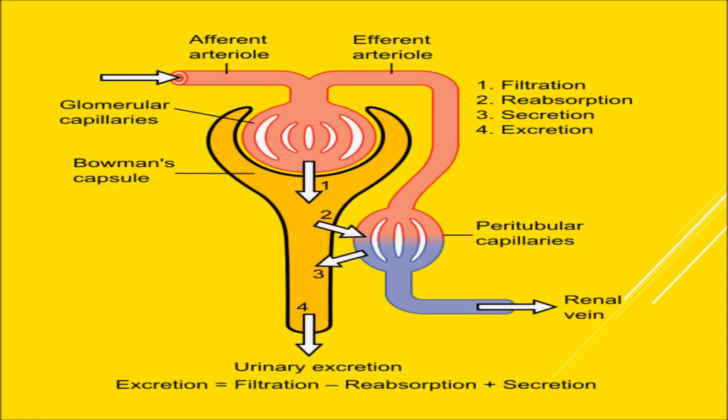So the renal tubule comprises a proximal convoluted tubule, a loop of Henle, a distal convoluted tubule, and a terminal duct. Now, the inner lining of the renal tubule is made up of columnar, cuboidal, and ciliated epithelium. The cells of the columnar epithelium show microvilli, which increase the surface area for reabsorption.